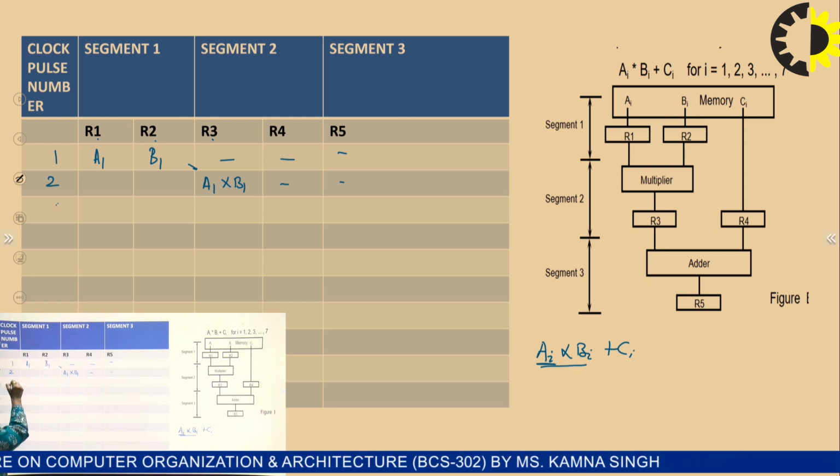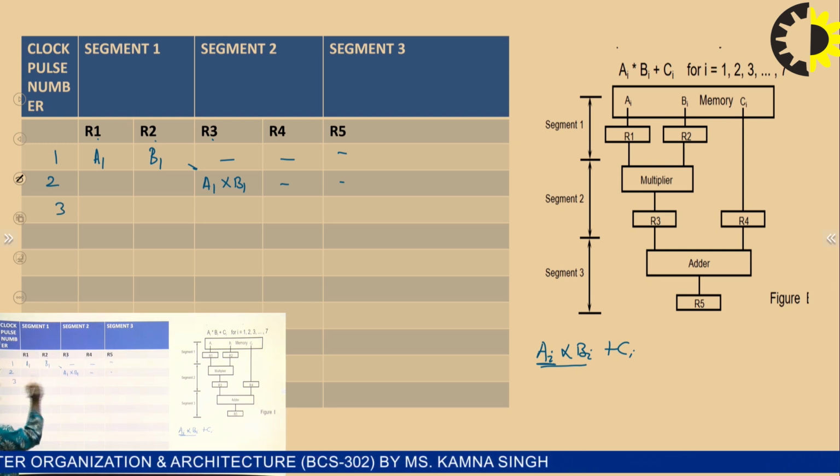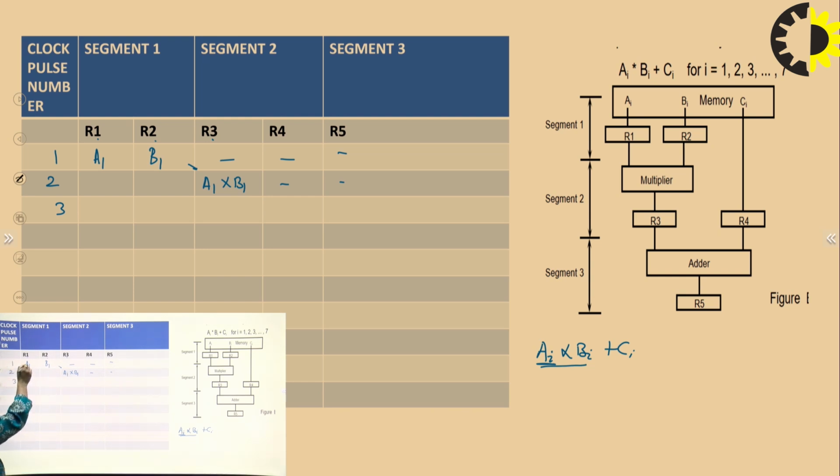In the third operation, at the same time, A1 into B1 is there. Because A1 and B1 are going to R3, the resultant will be stored here, so the previous registers R1 and R2 will be free. There are no values in them, so A2 and B2 will be coming in, along with A1 into B1.